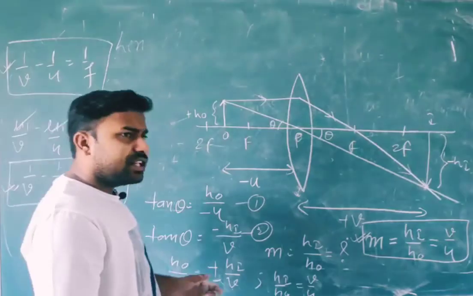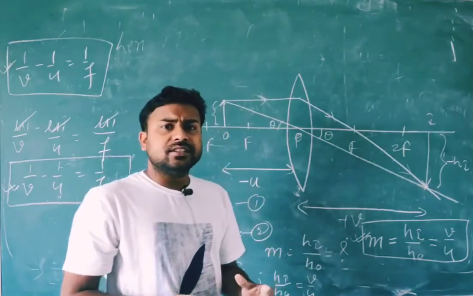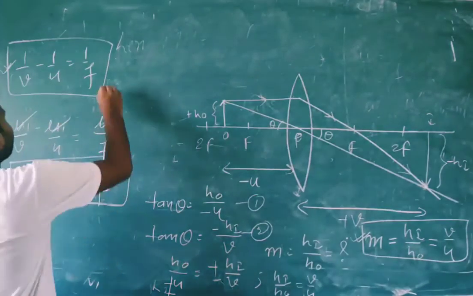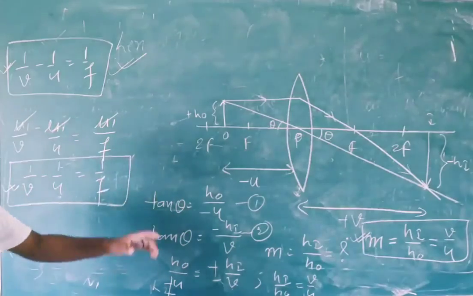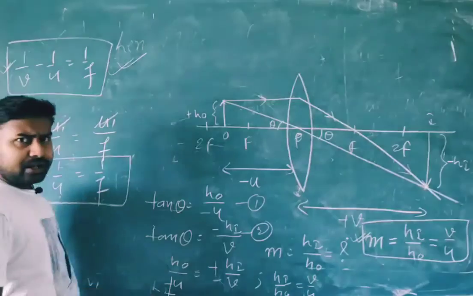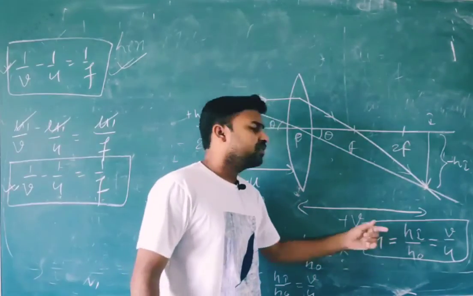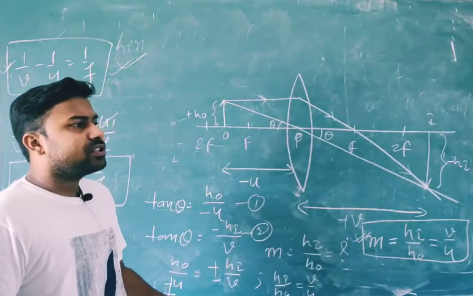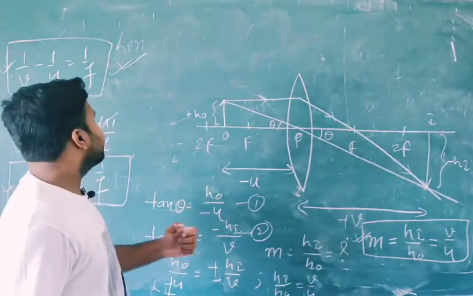Okay students, generally CBSE asks questions where you have to apply the lens formula or lens maker formula as well as the magnification formula. So you will get a question that is a combo of lens maker formula.